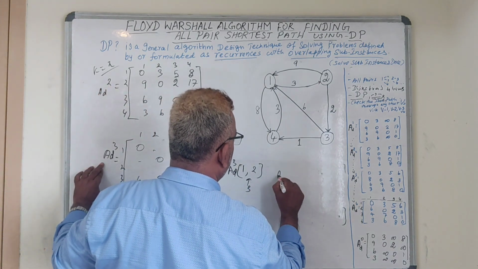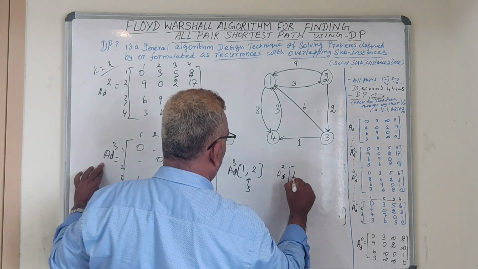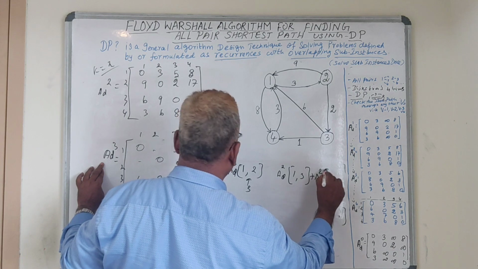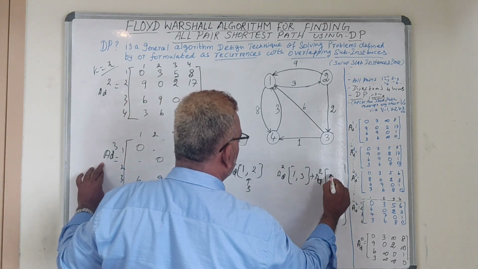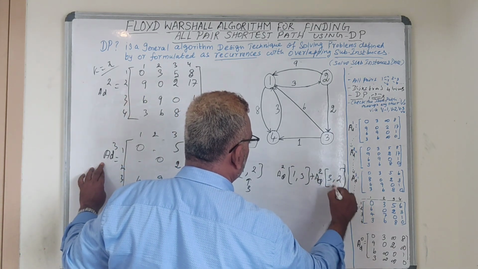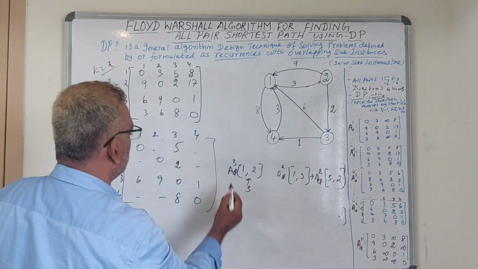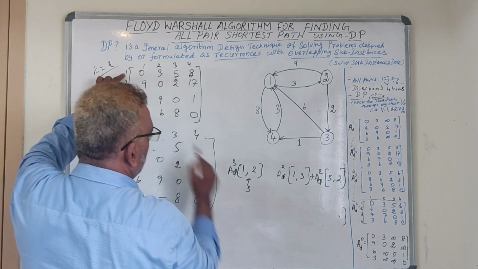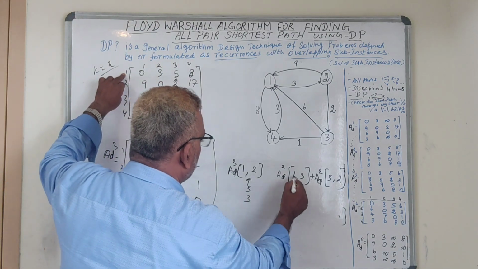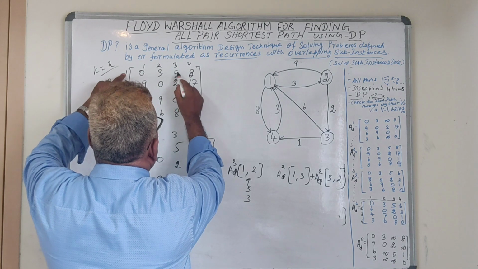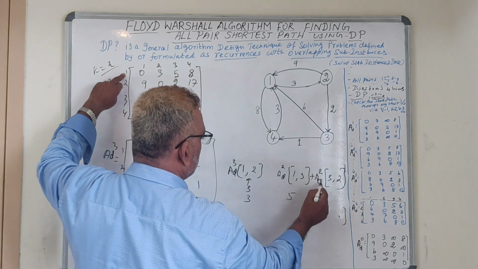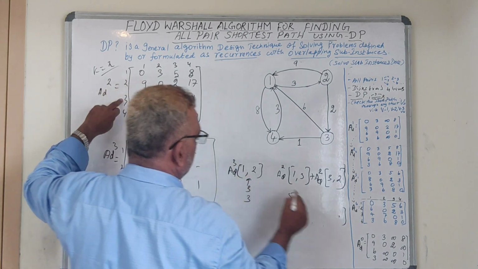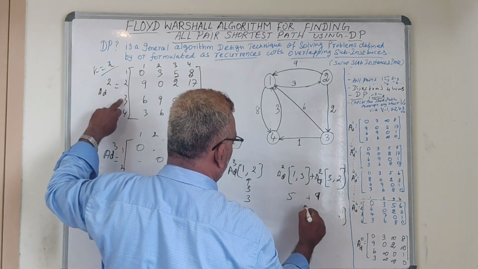So this can be written as AD2 of 1 comma 3 plus AD2 of 3 comma 2. Now get the values. 1 comma 2 is 3 only. Now 1 3 is 5 plus 3 2 is 9. It is 14.